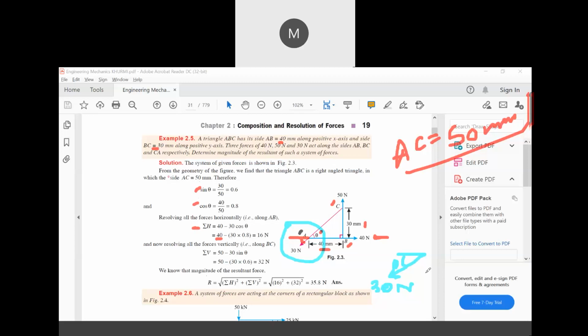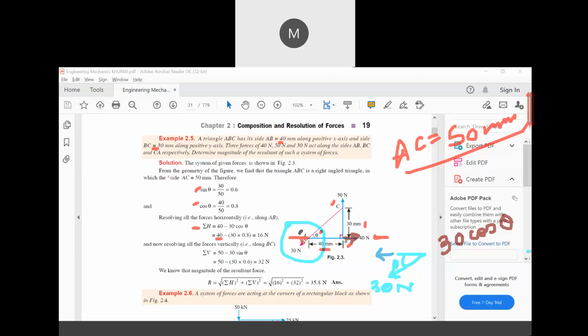Now, if we have to bring this 30 Newton in the horizontal direction, then it will be 30 cos theta. Yes or no? Yes, sir. Now, since this force is in the opposite direction of this force, the 40 is acting in this direction, but the 30 we found out to be in this direction.